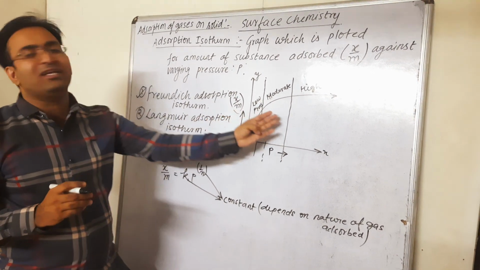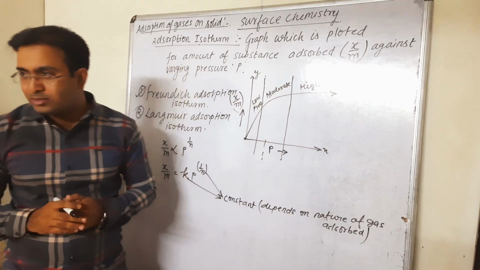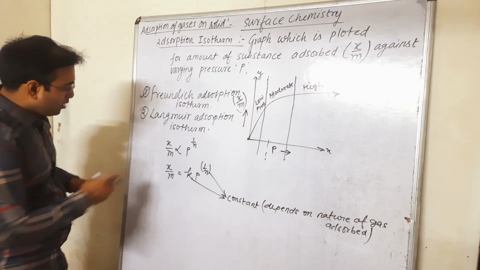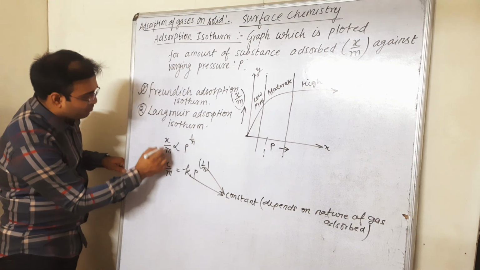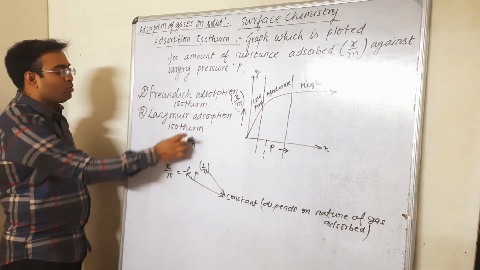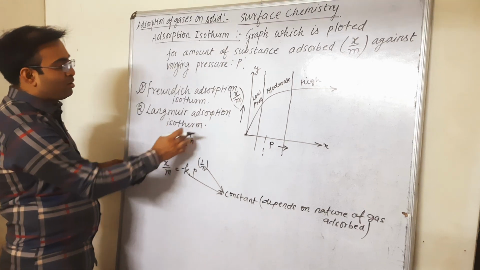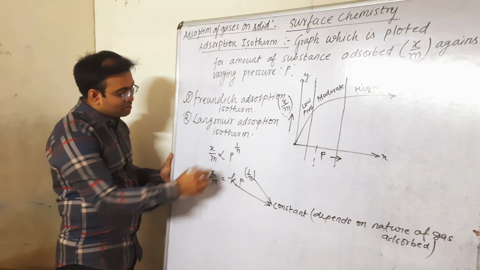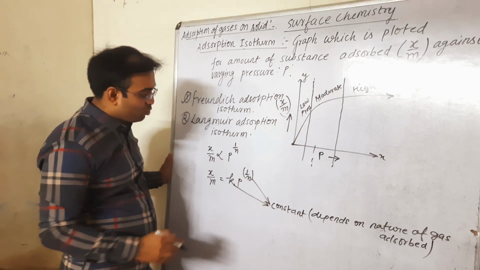So there are three conditions in the Freundlich adsorption isotherm. x by m is directly proportional to pressure to the power 1 by n, so x by m is equals to k p to the power 1 by n.